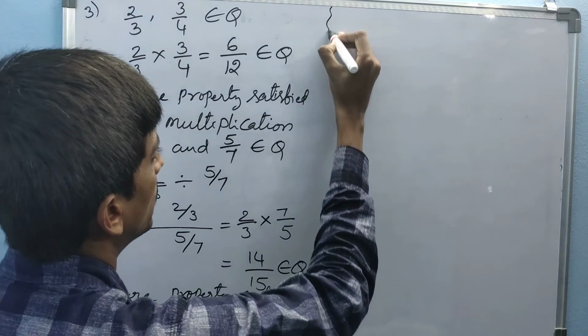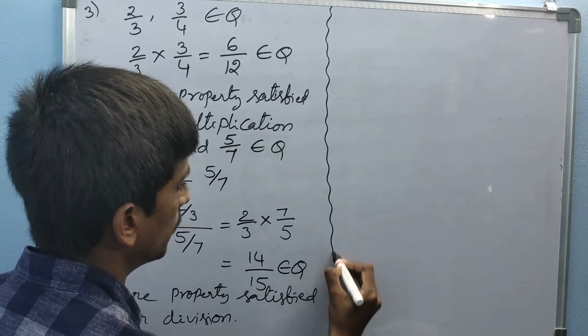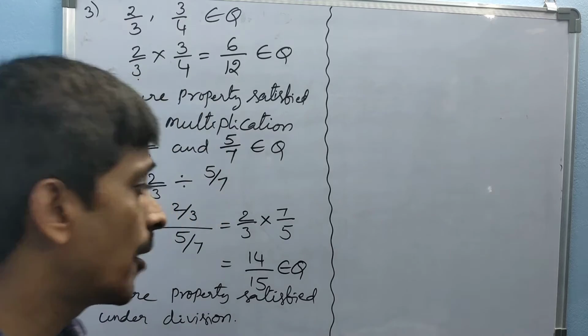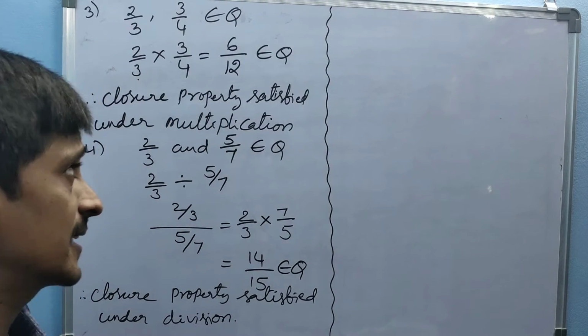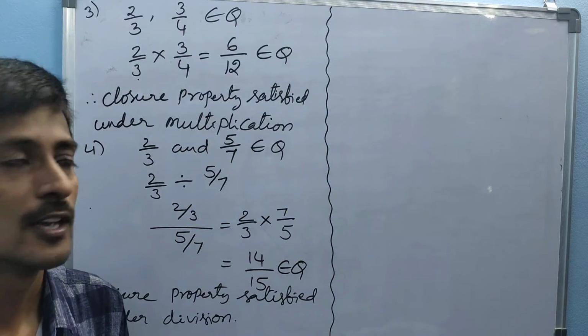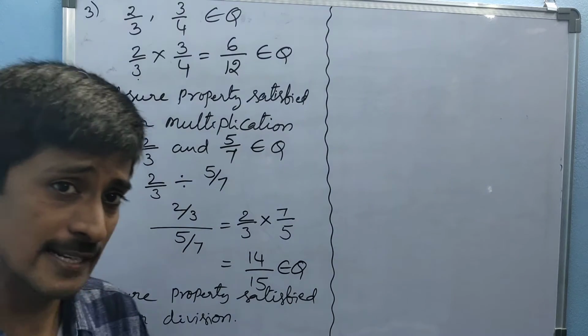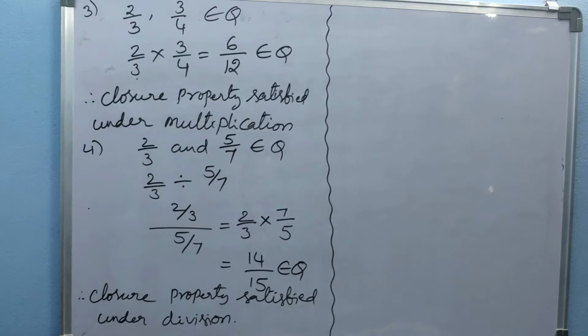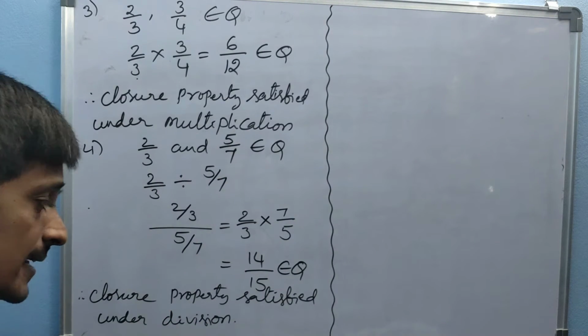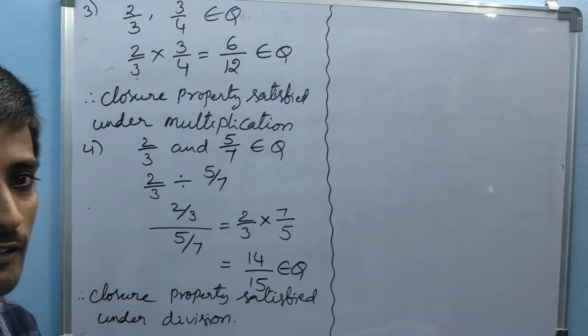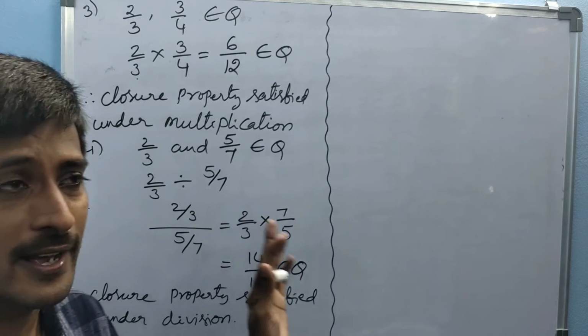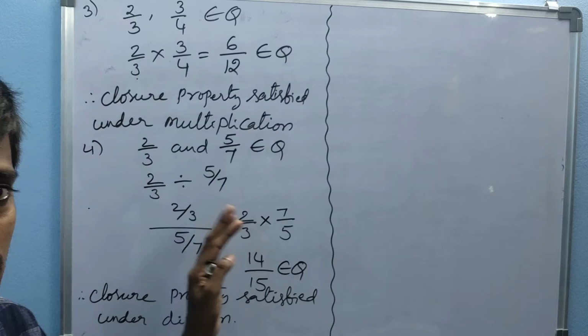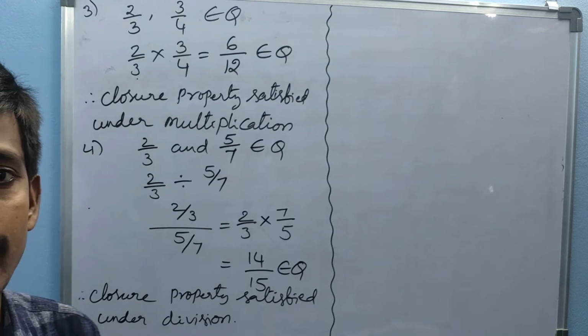So closure property is satisfied for all four fundamental operations: plus, minus, into and division. Closure property is satisfied under addition, subtraction, multiplication, and division also. All four fundamental operations satisfy closure property in rational numbers.